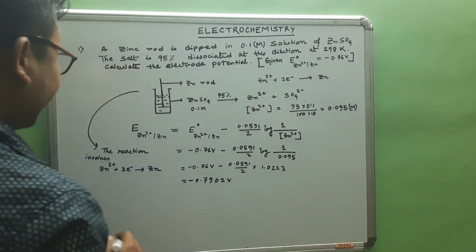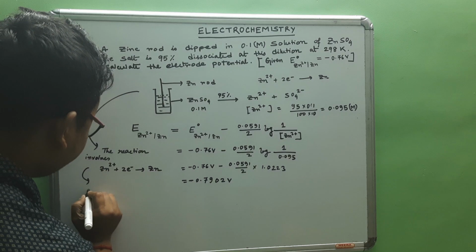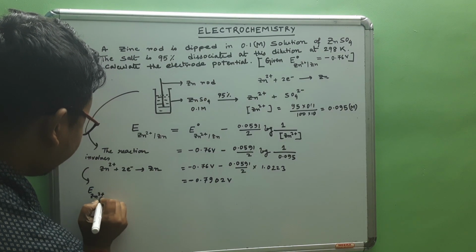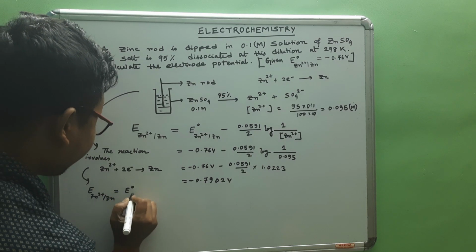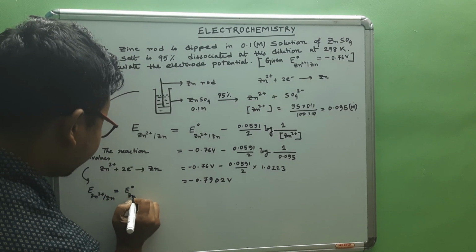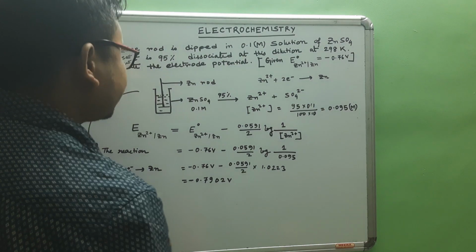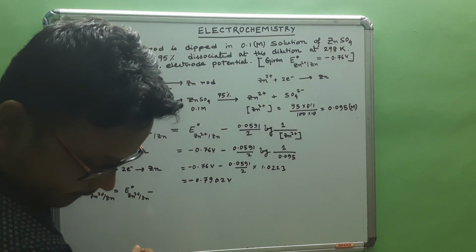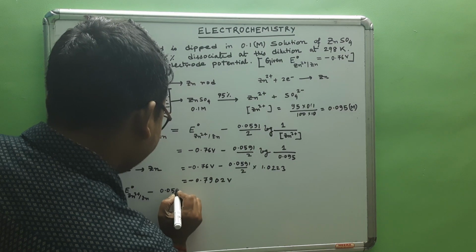This is the formula, and if we apply the Nernst equation here for the process Zn2+ to Zn, E equals E0 minus 0.059 by n log.